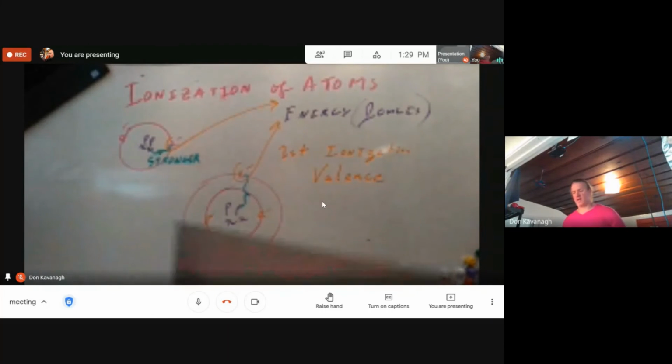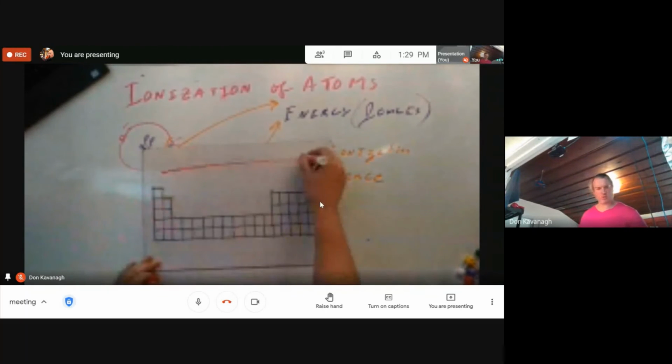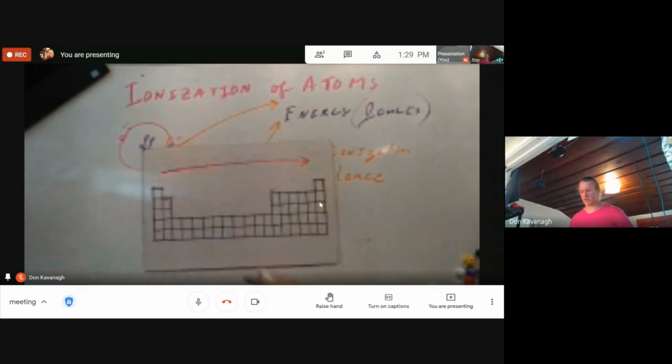Let's write out the trend of ionization on the periodic table. Now as I draw this out, please take note of the direction the arrows point and the adjectives I use, because if you watch other people's videos, they may just flip-flop it and it can be real confusing real quick. So I'm going to be very careful how I do this right here, okay?